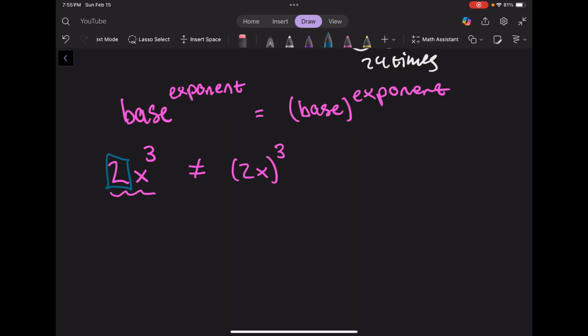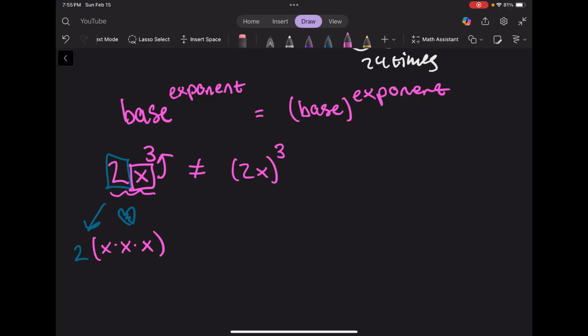So this is like a whole different guy over here. They're having a breakup, right? Let's put a little broken heart. The 2 is going to go separate, and the x's are going to go like this, right? Because this is the base and this is the exponent.